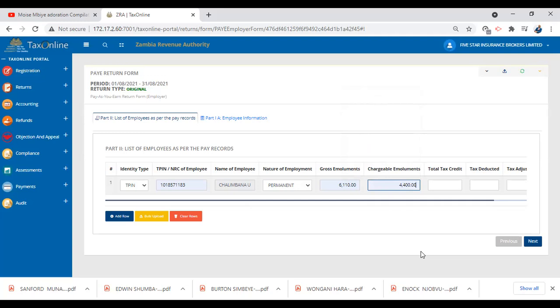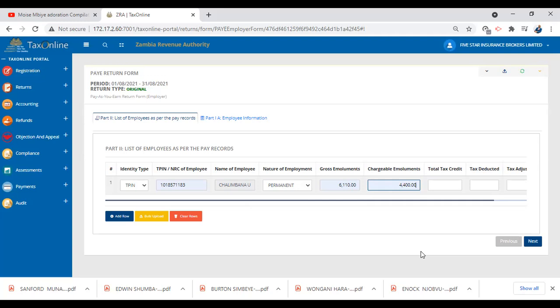Why are you saying it's 4,400 kwacha? It is because you have removed the exempt payments like gratuity, like pension. So you only leave an amount which is supposed to be subjected to tax. So that is what we mean by chargeable emoluments.